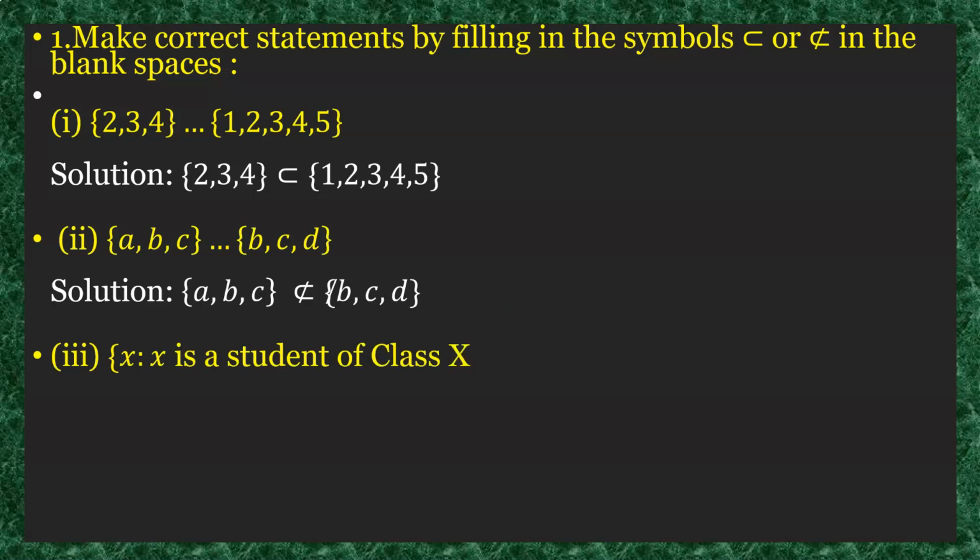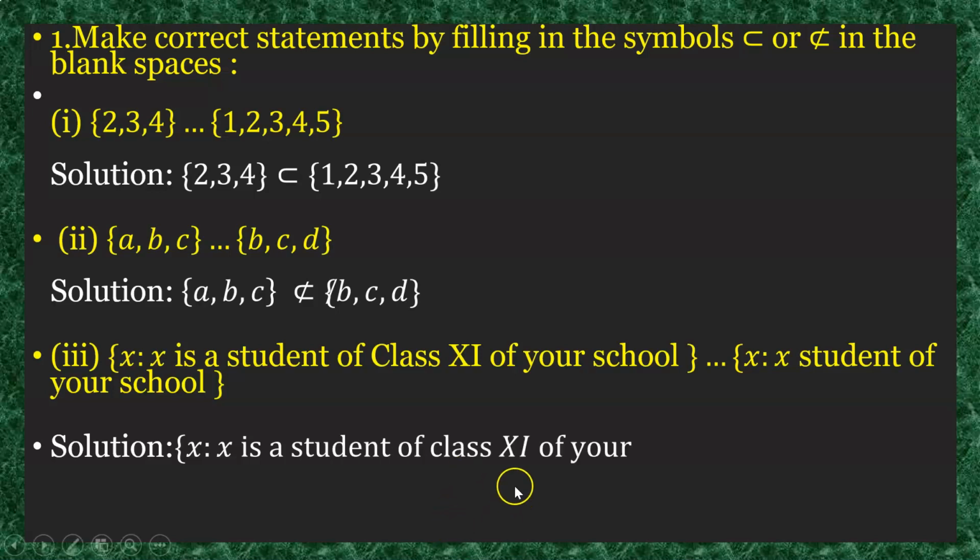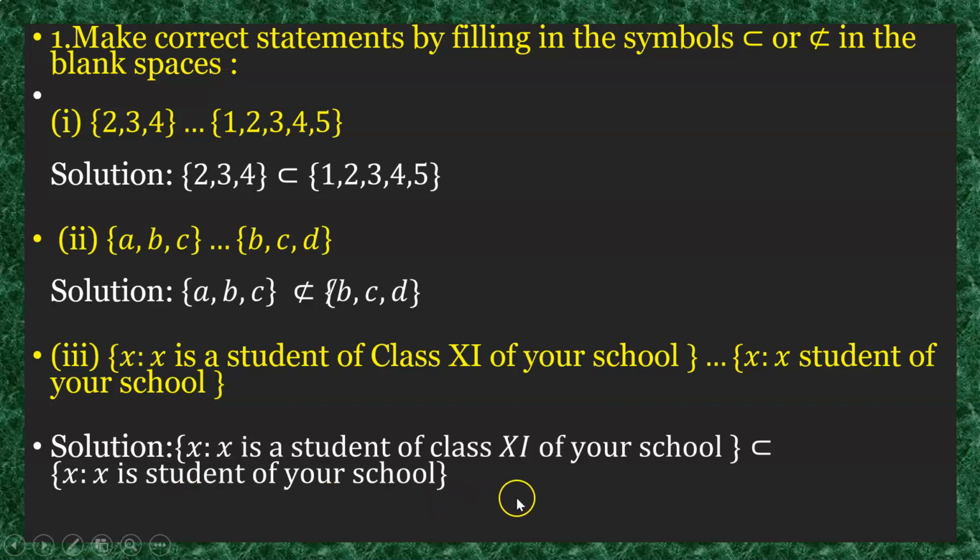Next is {X : X is a student of class 9 of your school}, and another set is {X : X is a student of your school}. The first set is of your class, and the next is of your school. Therefore, it's clear that it is a subset.